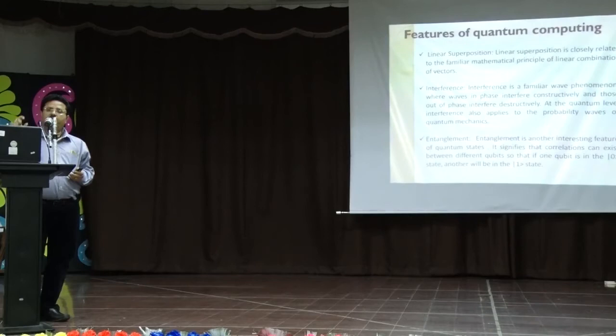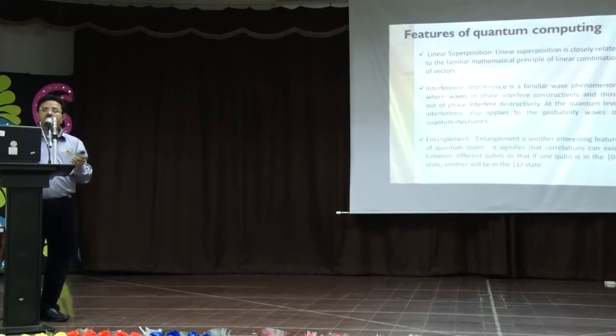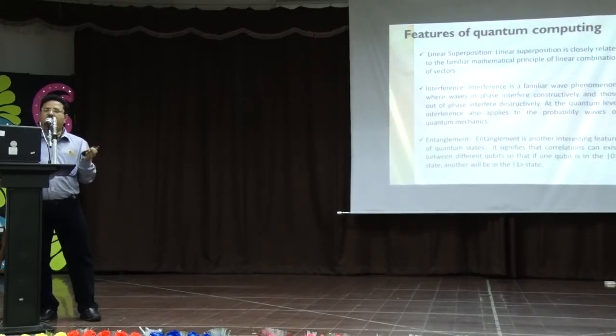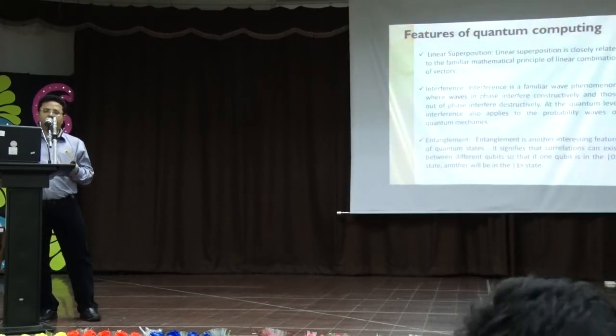So the interfered qubit, if you measure it, will either boil down to one single qubit having the state 0 or another qubit with state 1. That means it is now similar to a conventional computer. In a conventional computer, you only have zeros or ones. But here you start with a combination of zeros and ones, interfere and do some operations, and when you measure the final result, you get back again either 0 or 1. Okay?